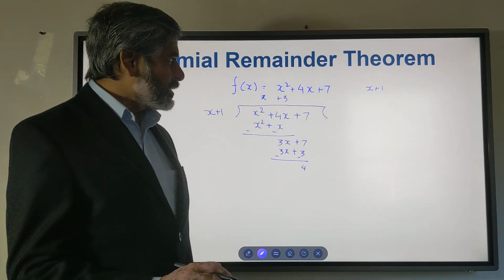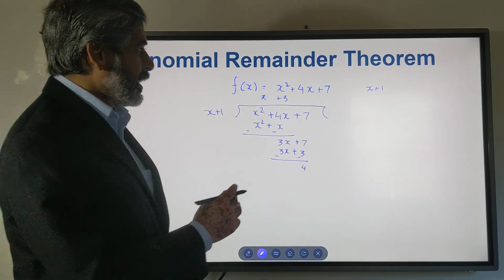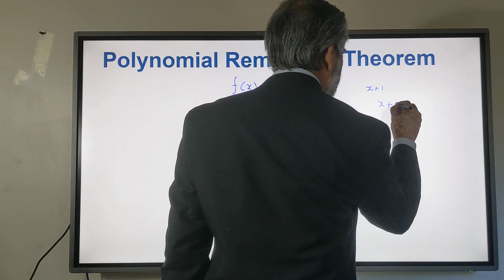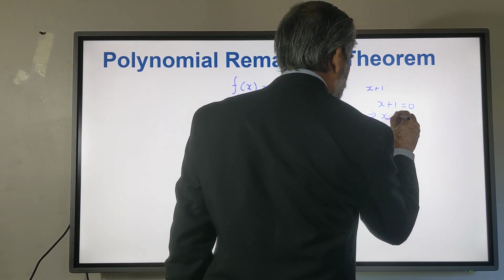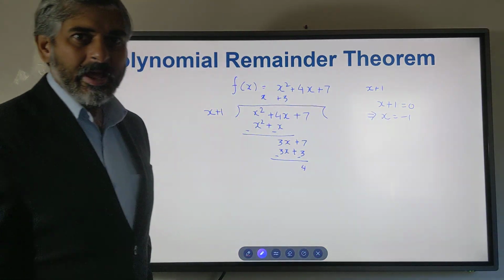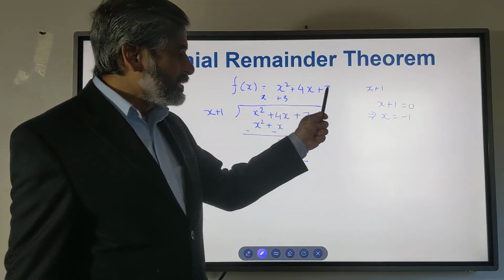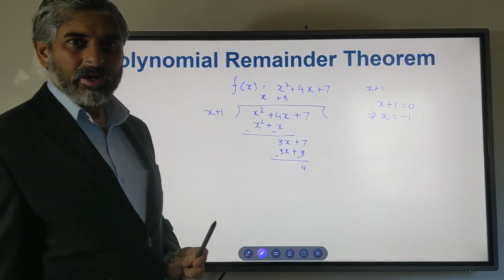Now there is another way. Let's try to find this remainder. The way is you substitute x plus 1 equal to 0. This implies x equal to minus 1. And now what I do is I substitute x equal to minus 1 in this equation to get f of minus 1.